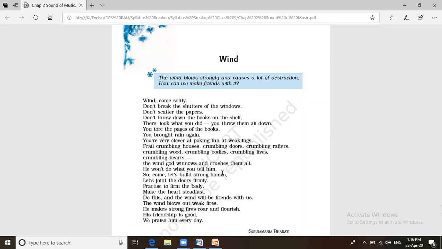Rafters, yesterday I told you, those huge planks which are used to support, like in the wooden South Indian houses, on which the ceiling, the roof of the house rests. So in these houses, doors, rafters, wood, bodies, lives and hearts all are shaking because of the wind. All right. Okay, continue.